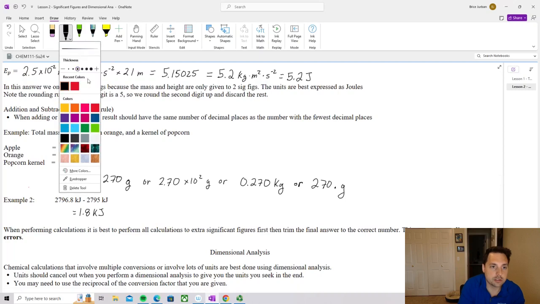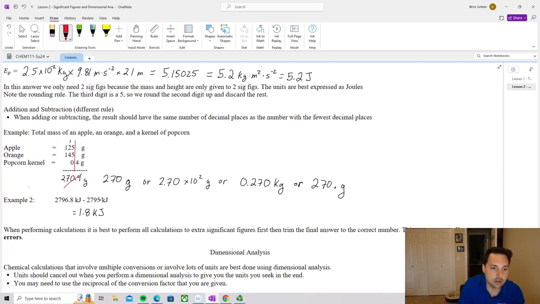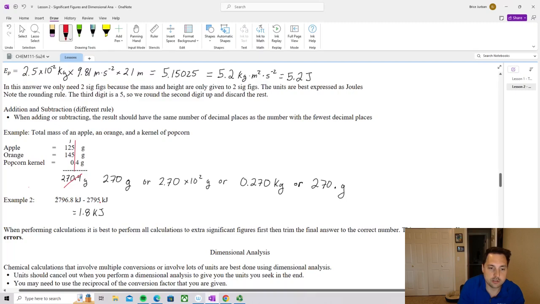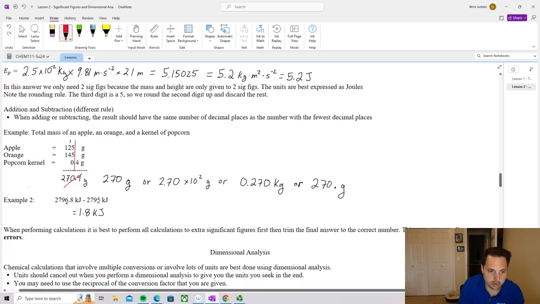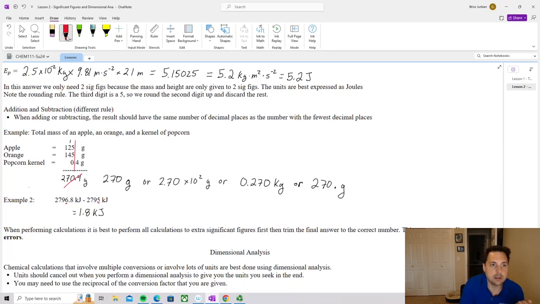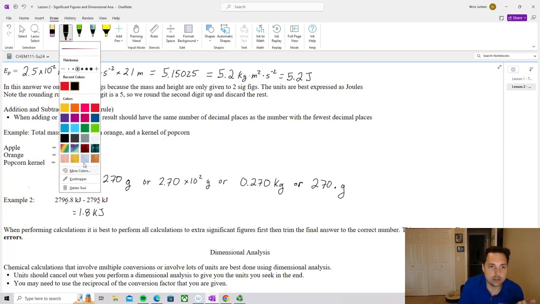Because our least precise measurement is right here, and it ends at the ones place. Our most precise ends at the tenths place. So in this case, we can only be precise to the value with the fewest decimal places. So we can only be precise to the ones place. Now this number here, we need to round it.